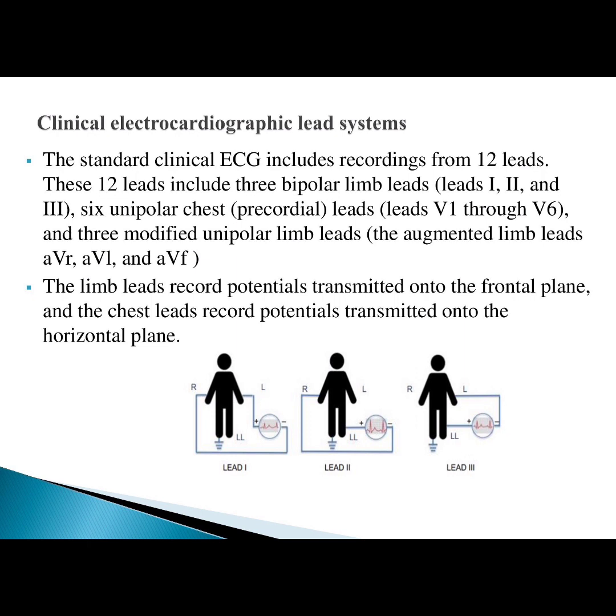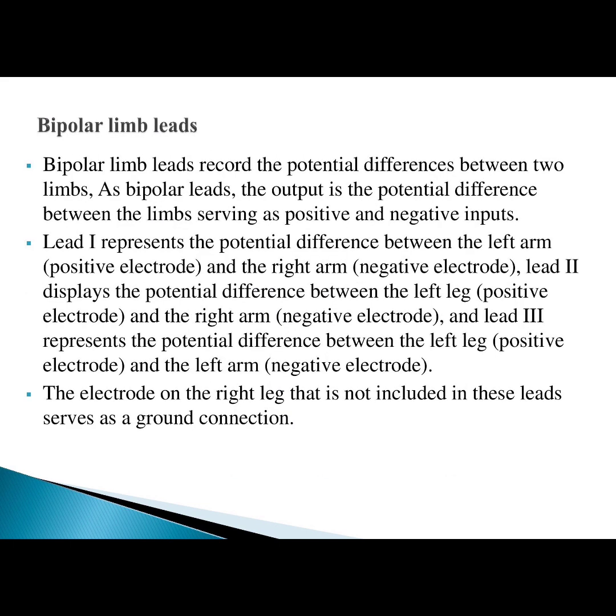So one is AVR, AVL and another one is AVF. Next one is bipolar limb leads. Bipolar limb leads record the potential difference between two limbs. As bipolar leads, the output is the potential difference between the limbs serving as positive and negative inputs.